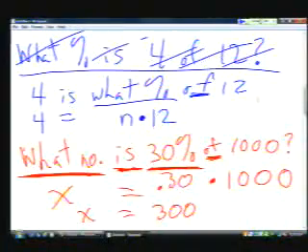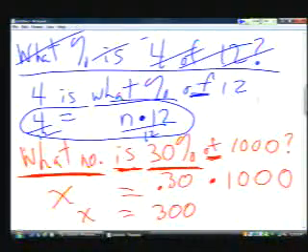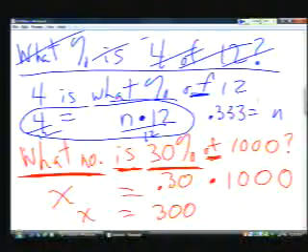Now we would take this equation and divide both sides by 12, wouldn't we? And so we would get 1/3, which is 0.333333, is equal to n. But now we're supposed to translate that into percent. So what's 0.333 as a percent, Shay? 33.3%. Yep, 33.3%.